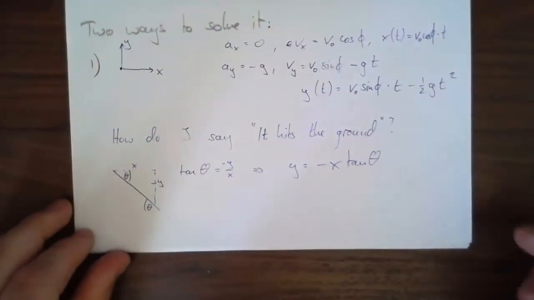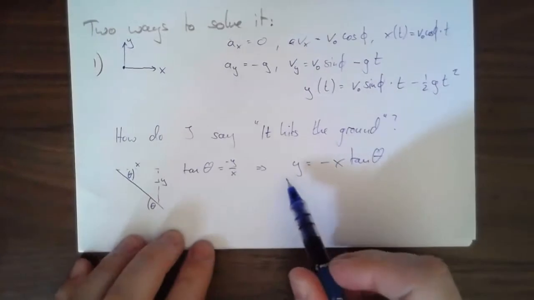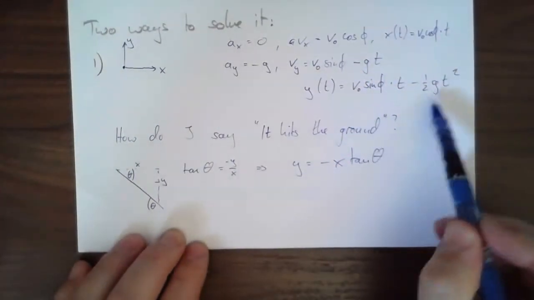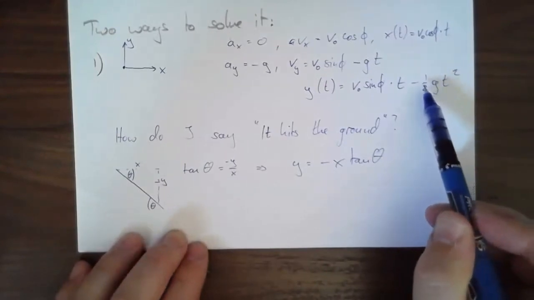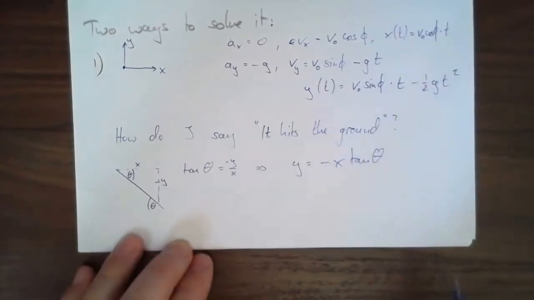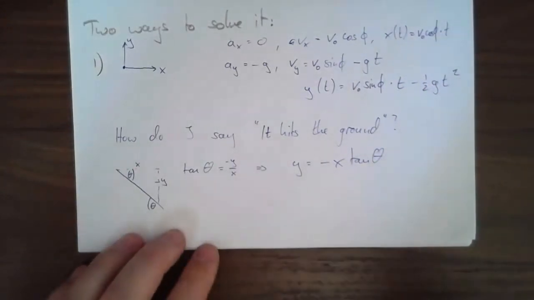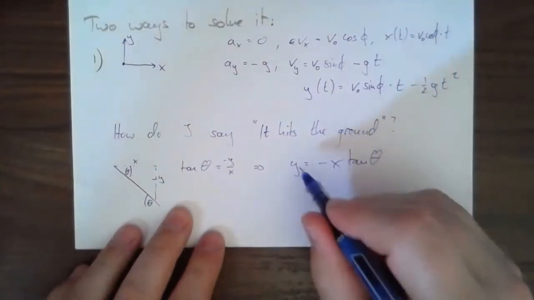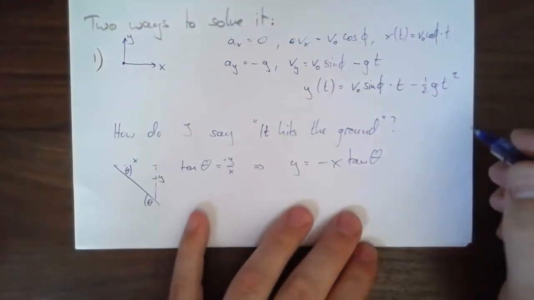So what I want to do is set those equal, right? I take this and set it equal to this times tan theta. That's the time when we hit the ground.